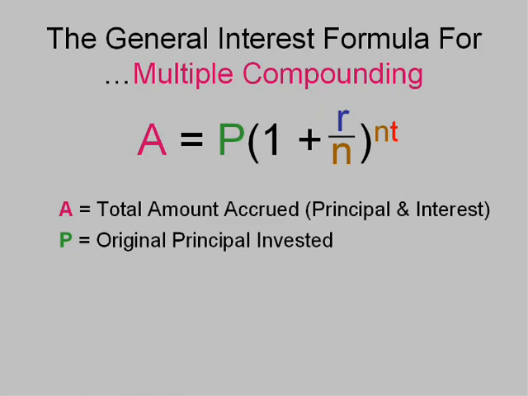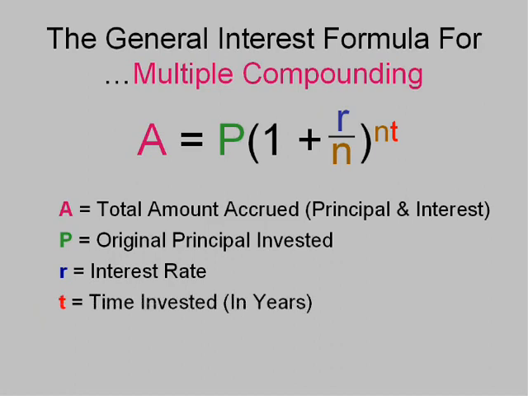That's the amount you put in originally. R is the interest rate. T is the amount of time that you invested in years, and N is the number of periods per year. For instance, quarterly, N would be 4, or monthly, N would be 12, etc.